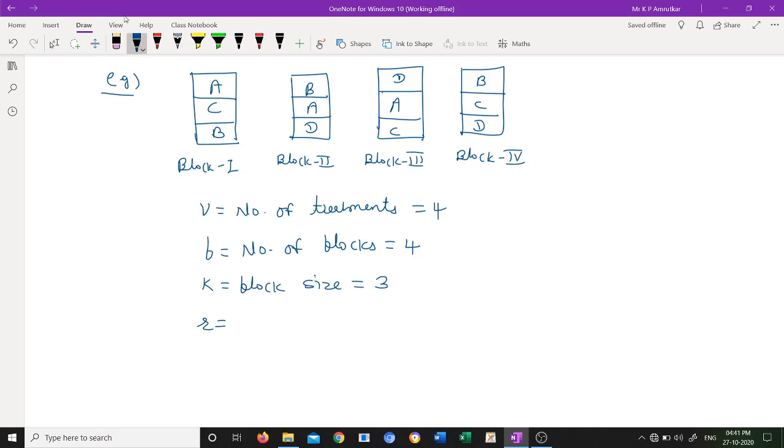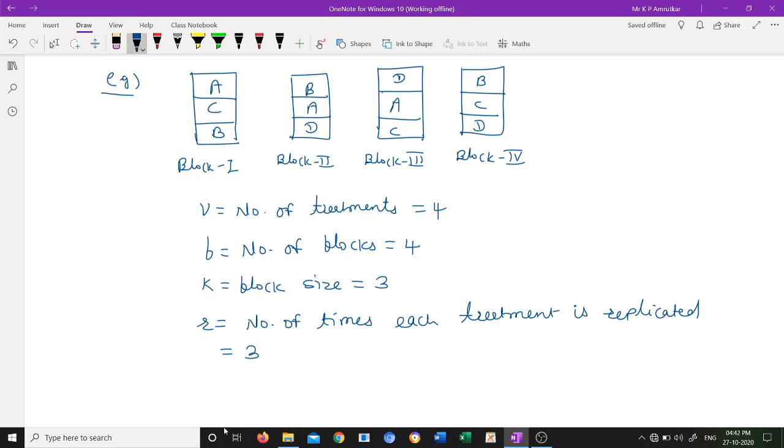R means the number of times each treatment is replicated. Every treatment replicates 3 times. A is replicated 3 times in this design, B 3 times, C also 3 times, and D also 3 times. So R will be 3.